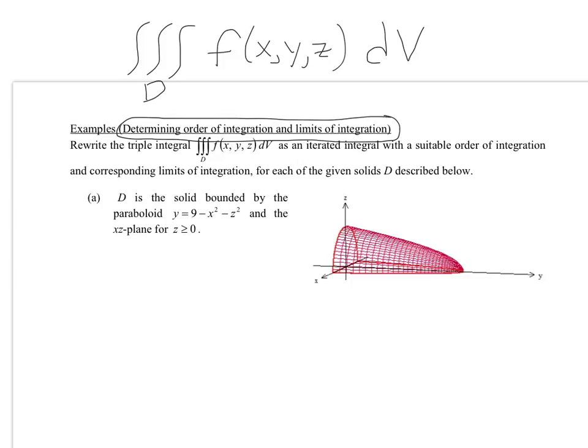We talked last time about how to take care of things computationally once the integral is set up, and it's very much a natural extension of what we do for double integrals. So if, for example, we were to integrate with respect to z first, then y, then x, let's just suppose, for the sake of argument, that this dV is replaced with dz dy dx.